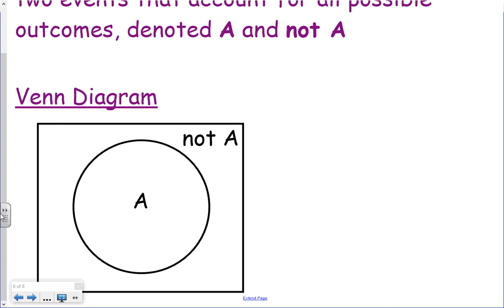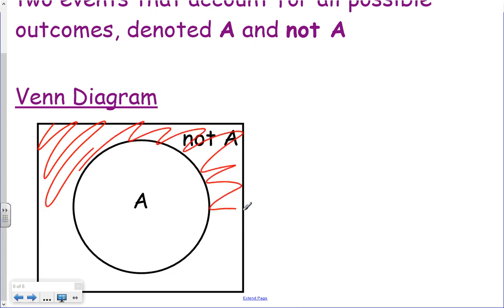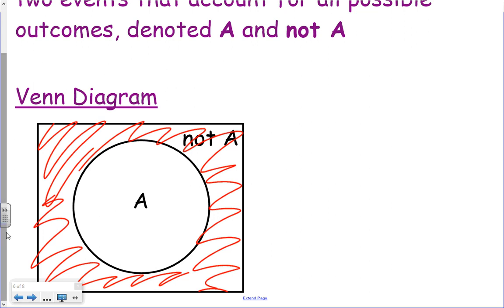The box is the entire sample space here, so outside of that circle is everything that's not part of A. So if you're talking about the complement of A, it's everything that's outside the circle but in the box. So we'd be talking about all of this region right here. You'd shade it all in. That's what we're dealing with. Not A. Outside of that circle.